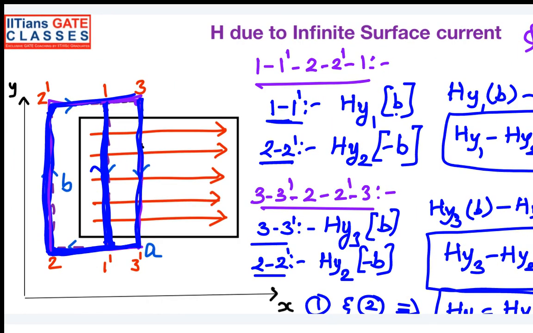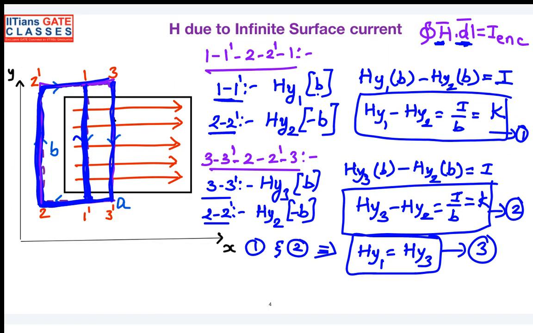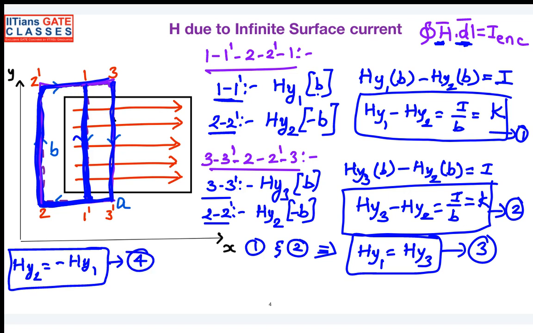And at the same time, I can say one more conclusion here. Whatever the magnetic field on the back side of the sheet, Hy2, the magnetic field on the bottom side, is equal to the magnetic field on the front side with a negative sign. Is my statement correct? Can anyone justify this?